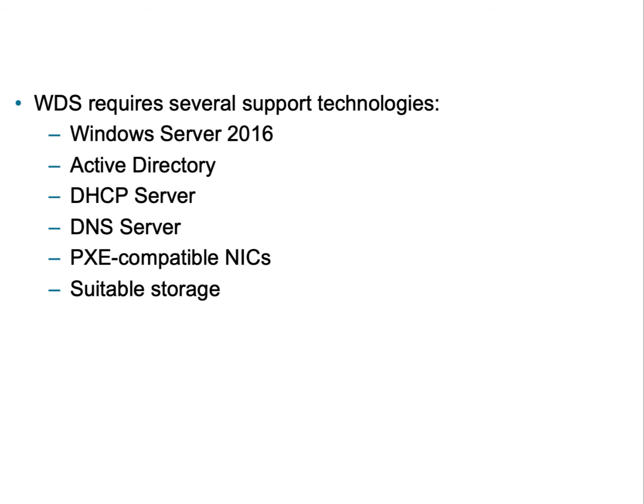DNS server. Part of the WDS process in an Active Directory environment requires user authentication from the client computer. A DNS server is needed for the client to locate a domain controller. Even in a standalone WDS implementation, DNS is required for name resolution.